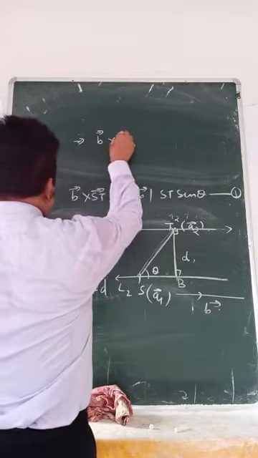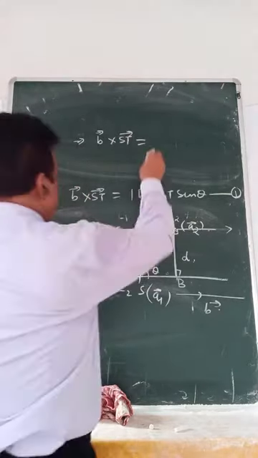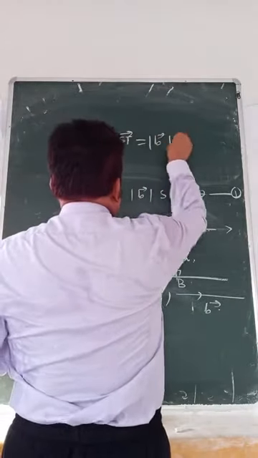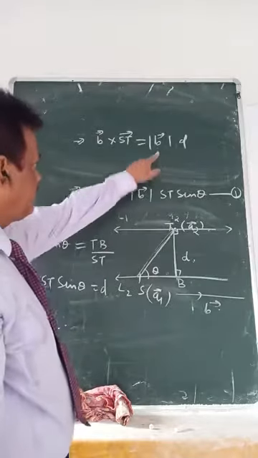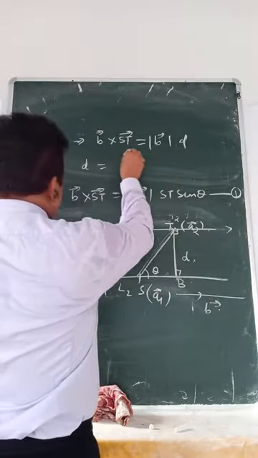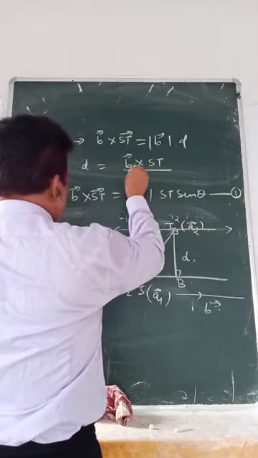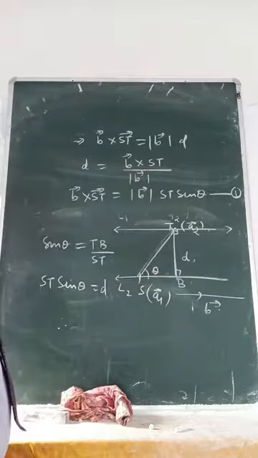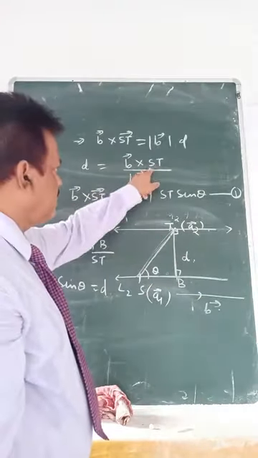B cross ST equals mod B and D, since ST sin theta is D. So if you bring this one here, your required distance D equals B cross ST by the modulus of B. But what is ST here? ST is the magnitude you have taken here.